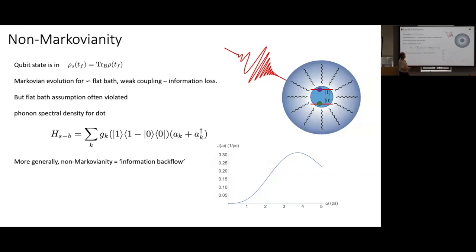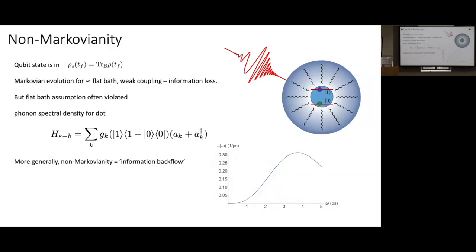And this kind of flat bath notion is often violated. So the case I'm going to talk about, this phonon spectral density for, say, a quantum dot, looks something like this. It's smooth. It's a superohmic spectral density with an exponential or Gaussian cutoff. I think it's Gaussian actually in reality because it's the wave function of an oscillator. But it's definitely not white.